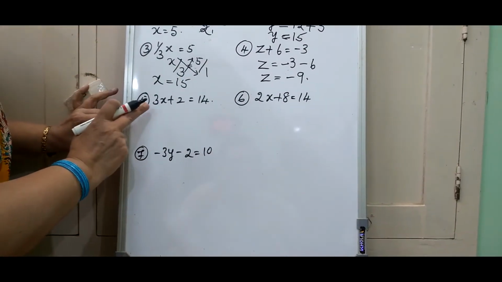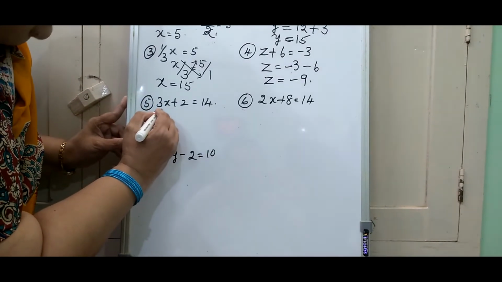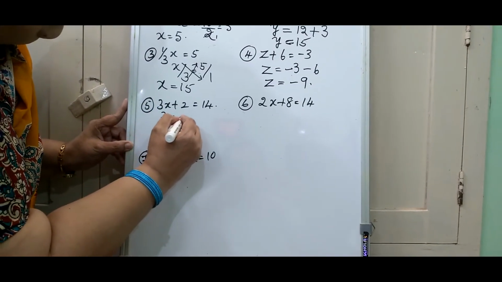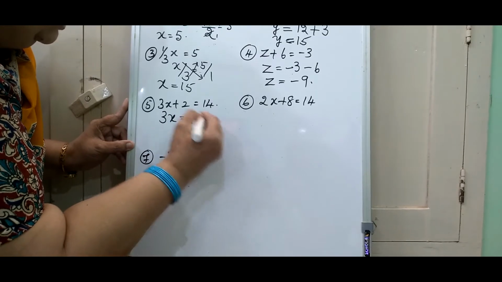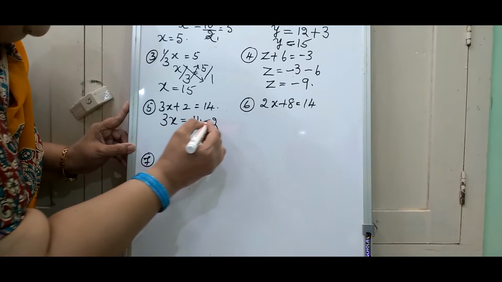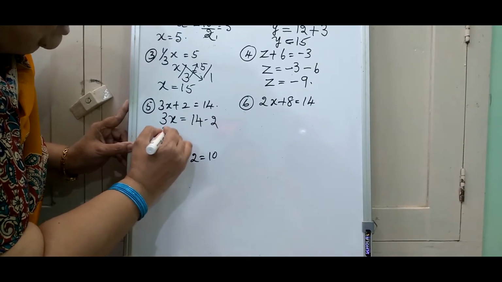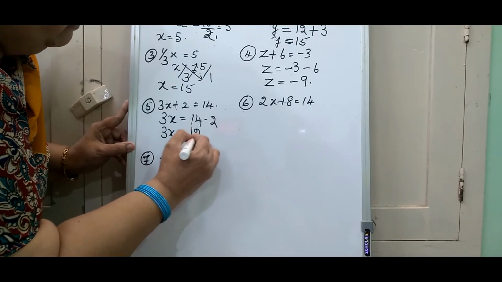And next is 3x plus 2 is equal to 14. Again let me retain 3x on this side. The plus 2, when shifted to the other side, will be minus 2. So 14 minus 2, so 3x will be equal to 12.